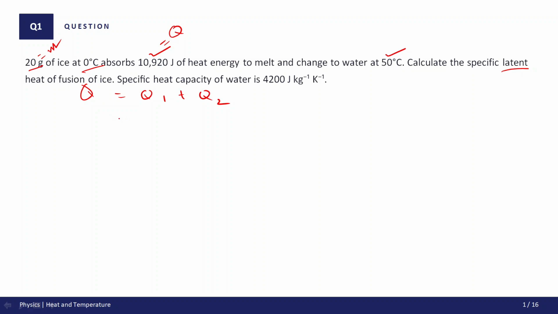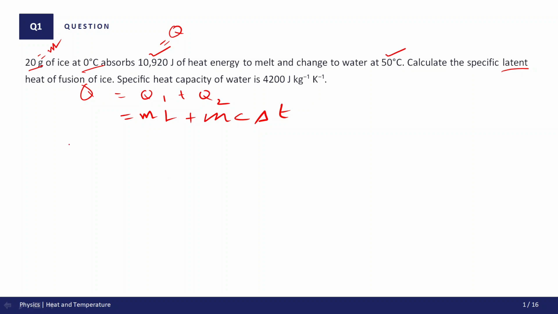Plus, when the ice is melted, the water is at 0 degrees Celsius and rises to 50 degrees Celsius. I mean liquid to liquid, the temperature is changing from 0 to 50 degrees Celsius. So we will use mc delta t.